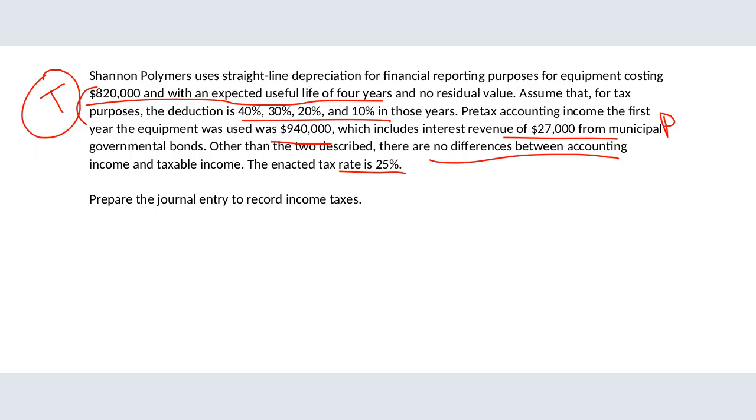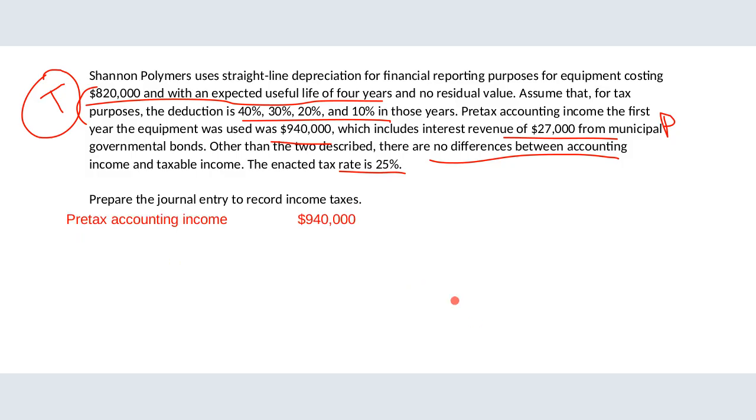So we have our pre-tax accounting income. I'm going to just do that analysis first. Pre-tax accounting income, and we were told it was 940,000.